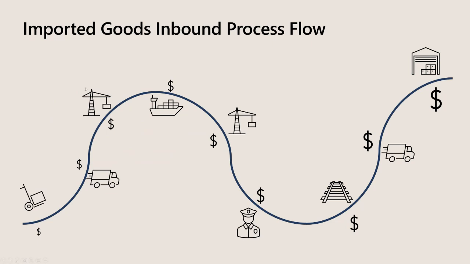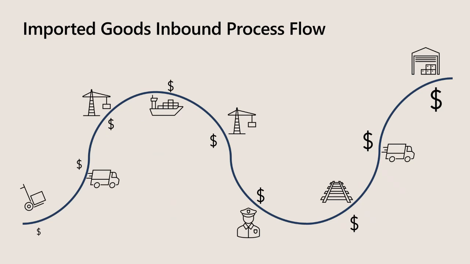So you can see here, once the goods are shipped from the vendor, if we start at the bottom left, as the goods leave the vendor warehouse, they might be placed on trucks where they are transported to outbound ports, where they are then loaded onto a boat or a ship or a vessel, shipped overseas, arriving at an inbound port, where they then also have to incur some additional tariffs or customs or duties or freight.